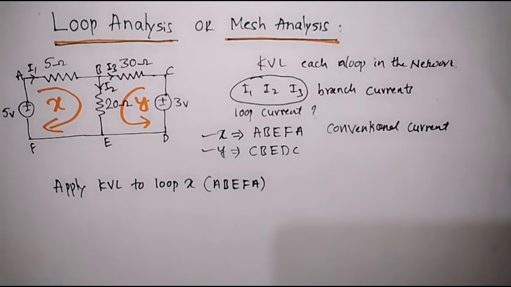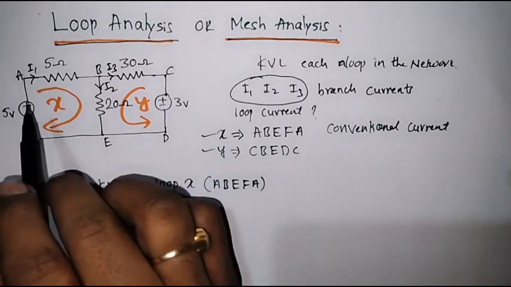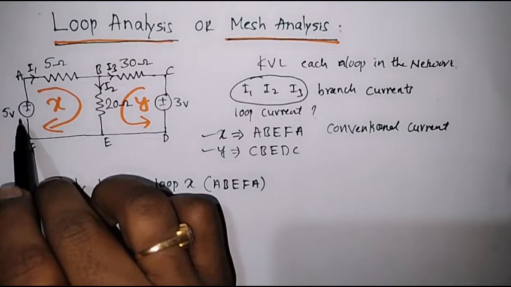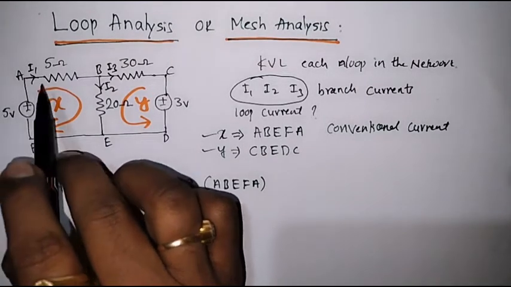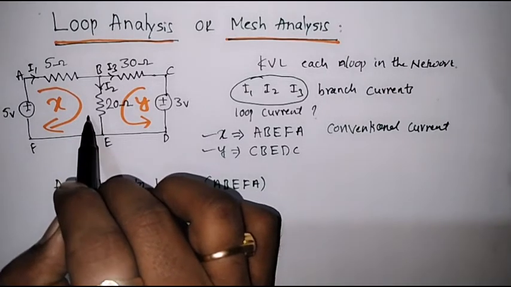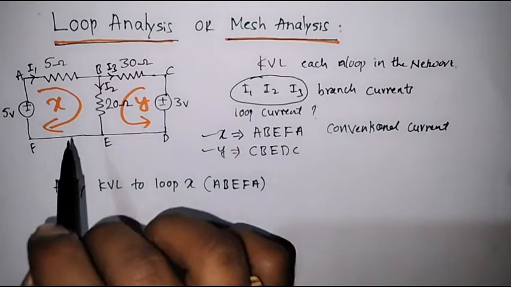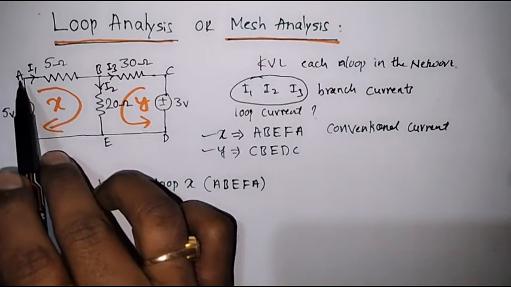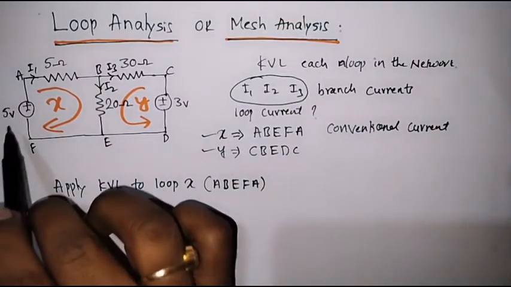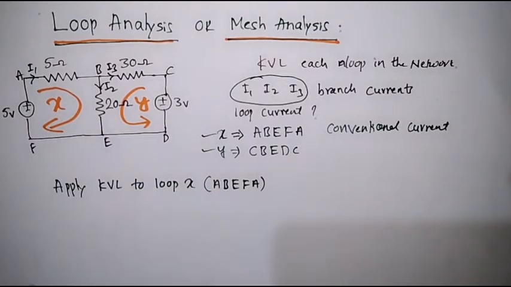While applying KVL to the particular loop, we know that Kirchhoff's voltage law says that in a closed circuit, total supply voltage is equal to the algebraic sum of voltage drops across individual elements. According to this, in loop A, B, E, F, A, there is one voltage source and there are two resistors.